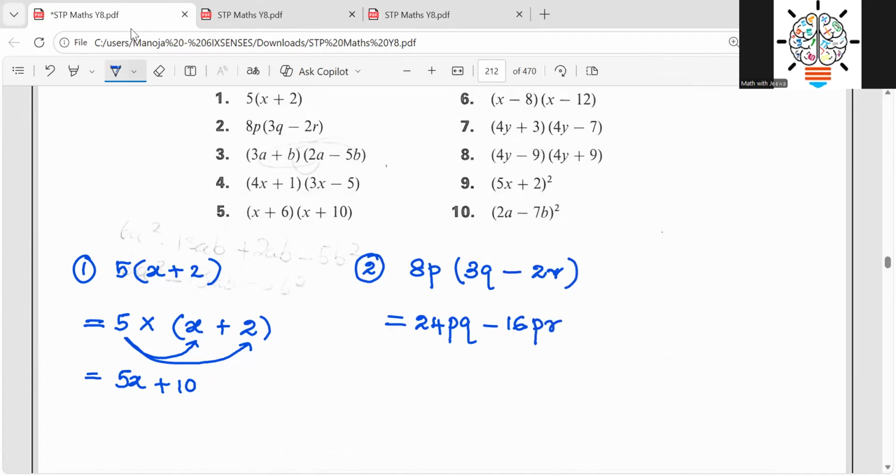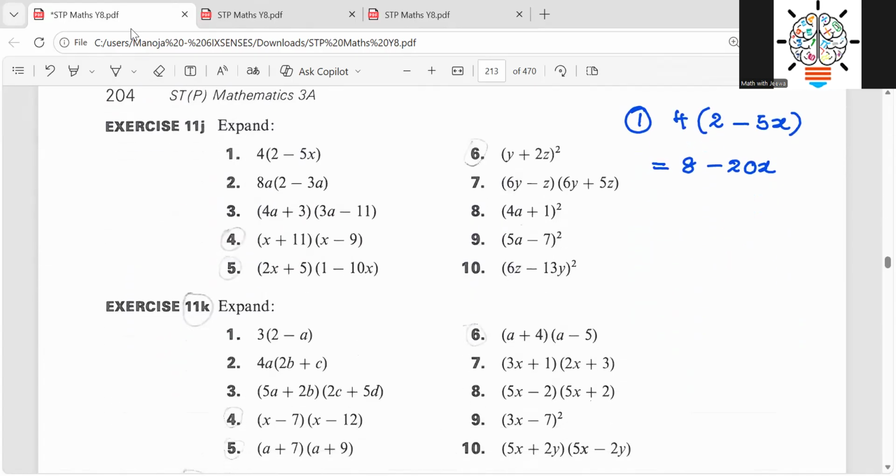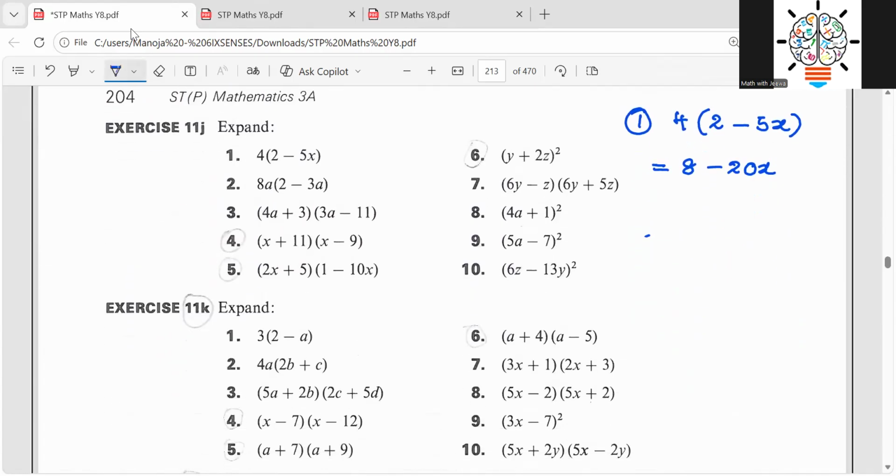So then we will try another question here. You can see that they have given the same kind of question, so when you practice them over and over again, you become thorough with the concept, children. Right here you have 8a, then you have 2 minus 3a. So what should you do? 8 times 2, 16.